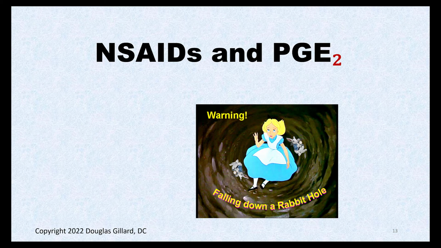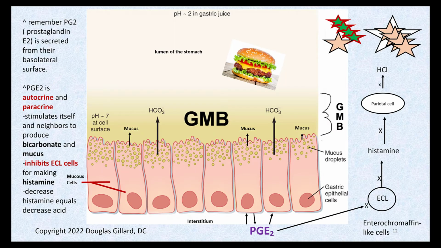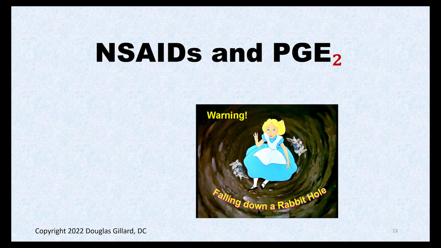All right, let's go down the rabbit hole here and talk about NSAIDs a little bit. Because backing up here, to make PGE2, there's an enzyme that you need, and that's called cyclooxygenase 1. We won't get into the weeds on it, but cyclooxygenase 1 makes PGE2.